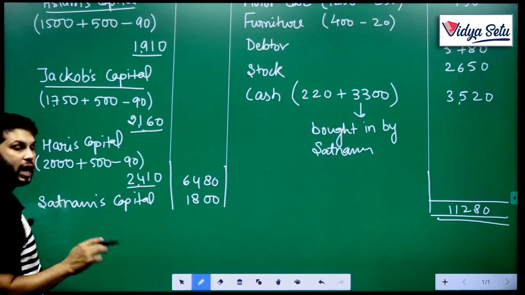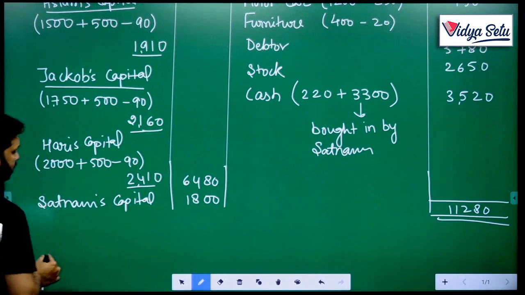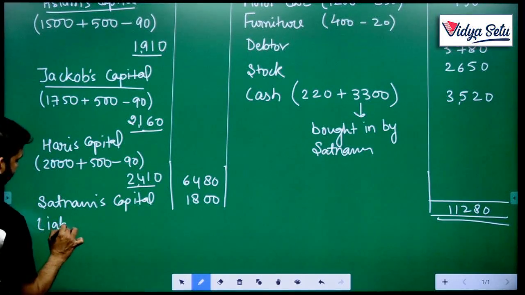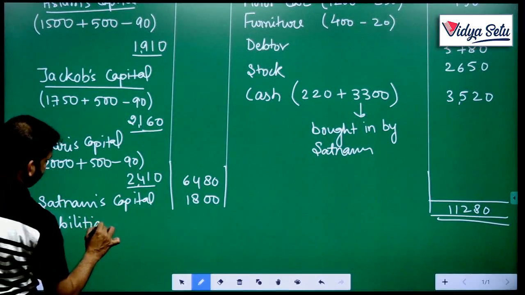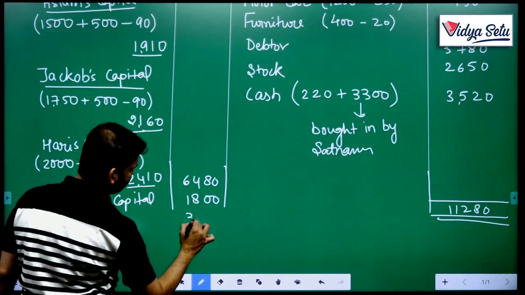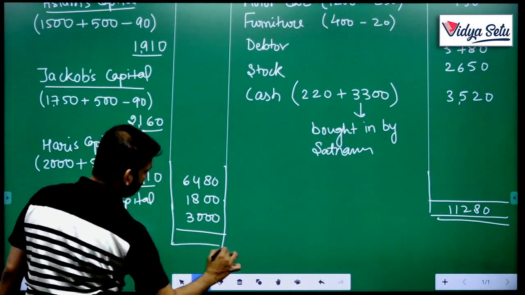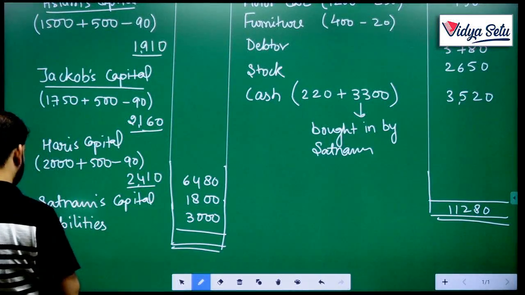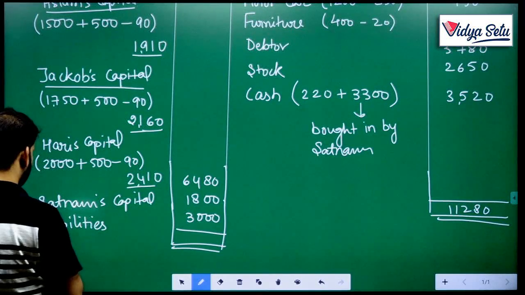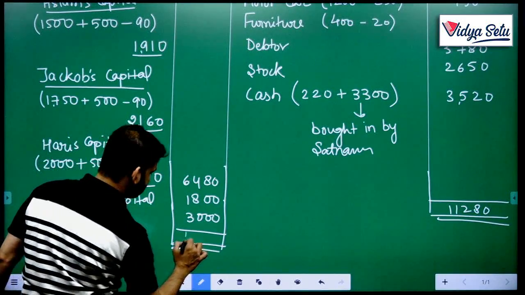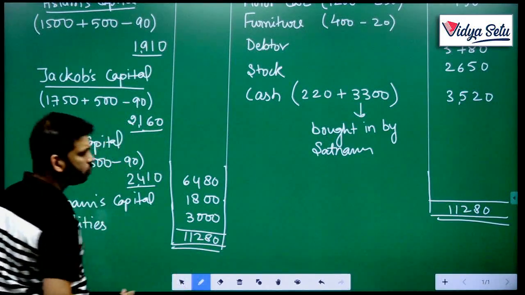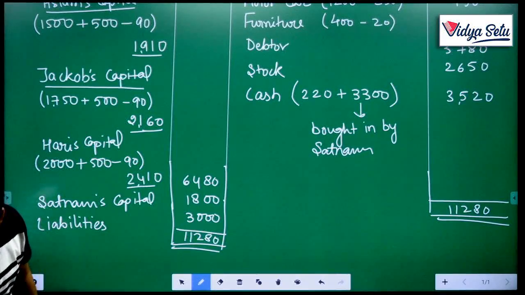That has already been distributed. Now let's see whether this tallies. 6480 plus 1800 plus 3000, 11280. Yes, it tallies. This is how we have to do our first one.